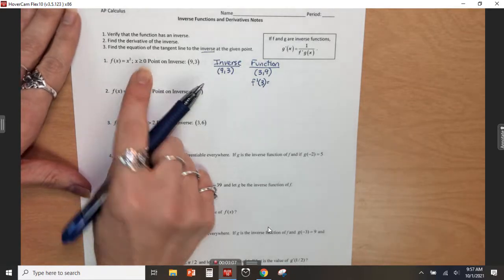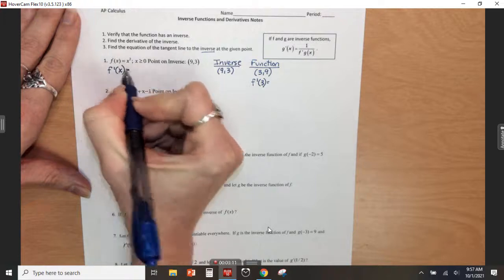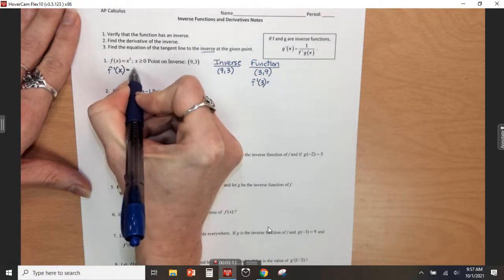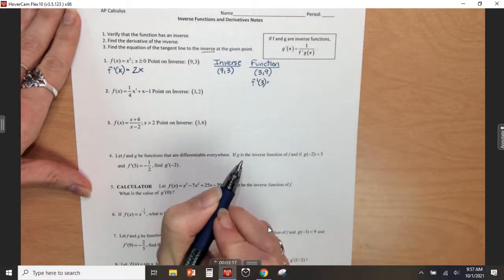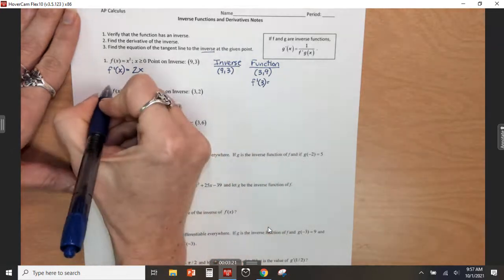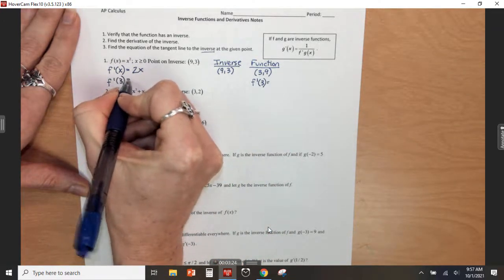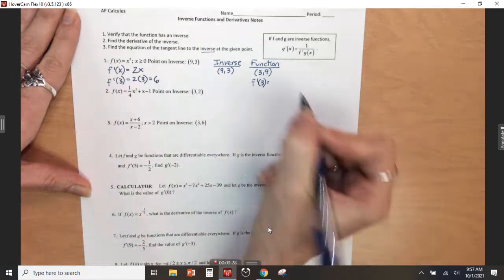So I'm going to take the derivative, f prime of x. The derivative of x squared, of course, would be 2x. Good. And then I'm going to evaluate that when x is 3. So f prime of 3 would be 2 times 3, which is 6.